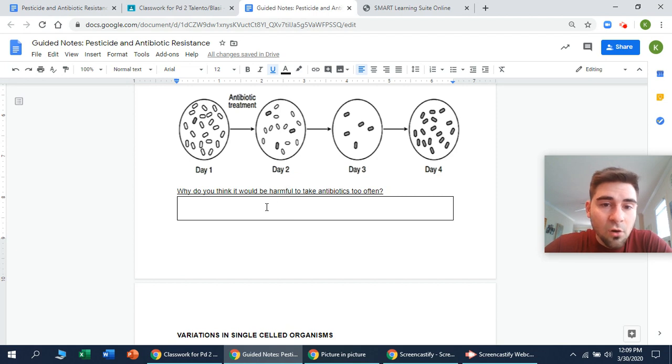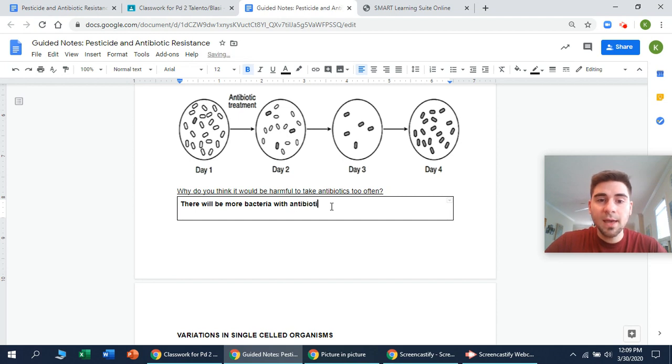So why do you think it's harmful to take antibiotics too often? Imagine you did this for every bacteria that came into your body. What would happen is that there will be more bacteria with antibiotic resistance, right?